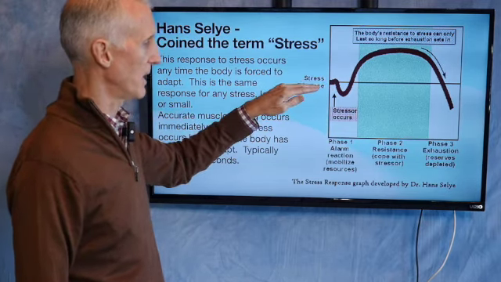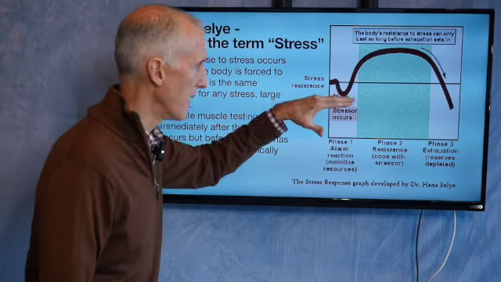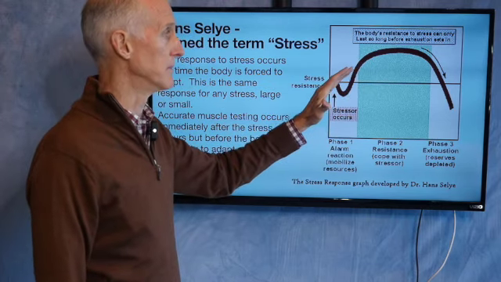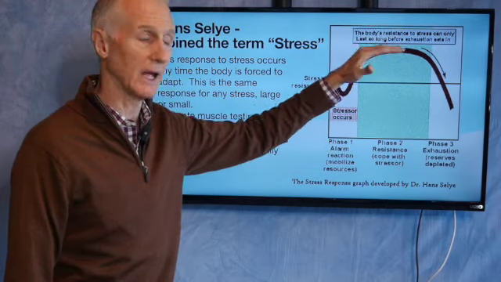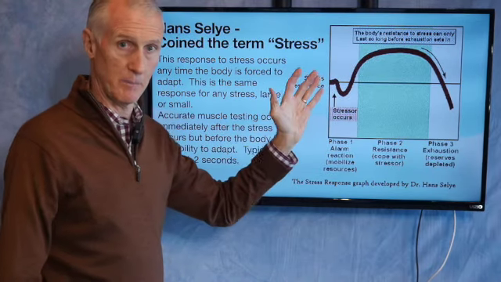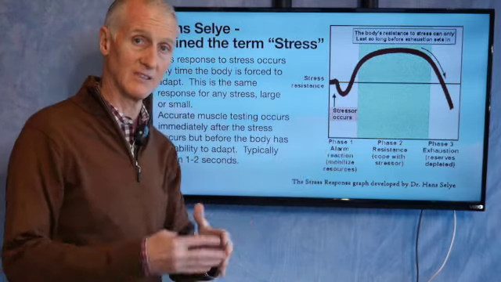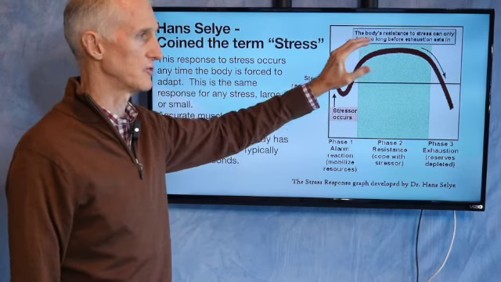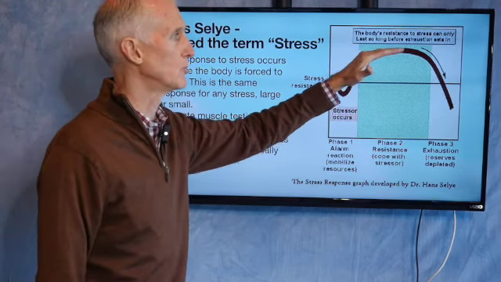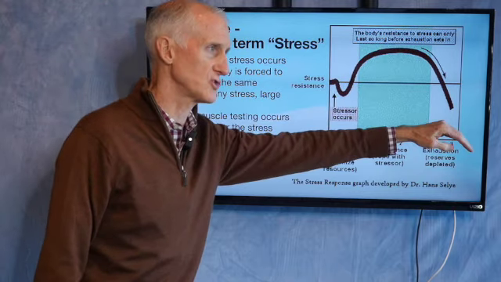The stressor occurs here, and the body says, oh, this is a stress to me. And then the body rallies basically and works on resisting that stress in some way. And eventually, and it depends on how significant the stress is and how long it lasts, but eventually you either overcome the stress or the stress puts you into a state of exhaustion.